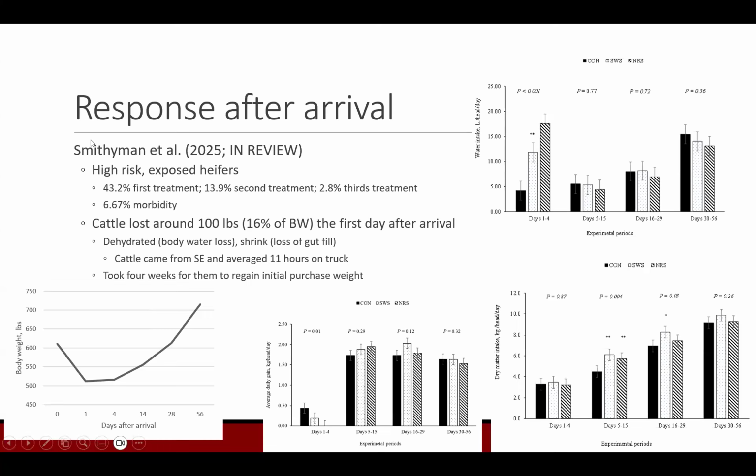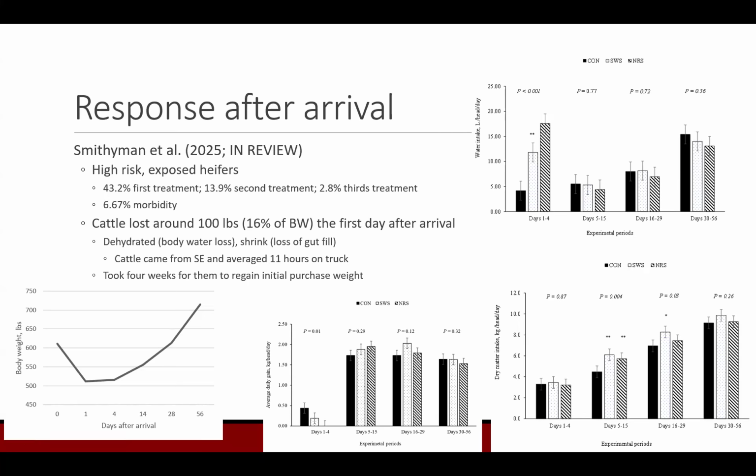Okay. So this paper by Smithyman, I should have updated this, but it was actually accepted this year. So this was McKenzie at New Mexico State, who did this study with Vinny, who now is AgriLife there in Bushland. He was my counterpart there. So we worked on this. We had high risk exposed heifers. Of these animals, they had 43% morbidity rate.